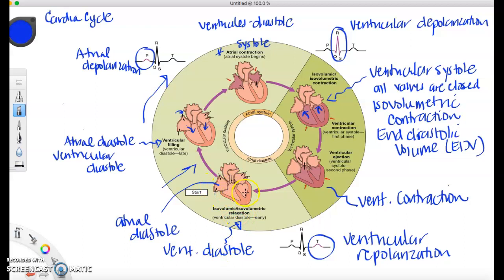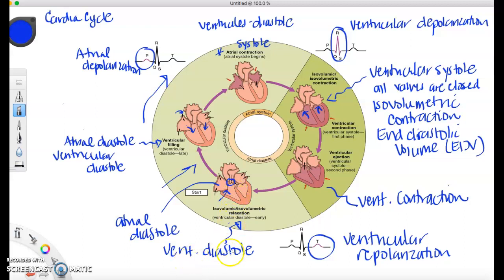So the ventricle contracted, they're now relaxed. So now the semilunar valves are closed, stopping any blood from coming back into the ventricle. And the AV valves aren't open yet. So again, we have a closed area in the ventricles.